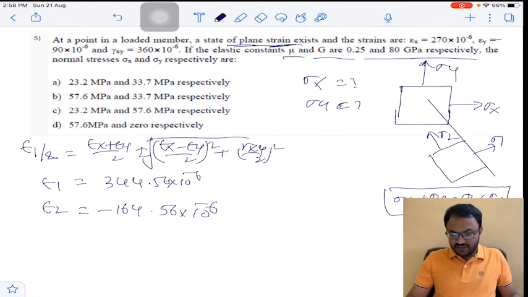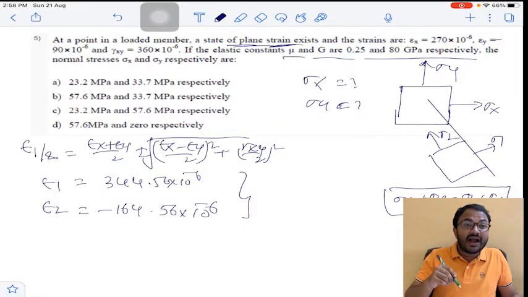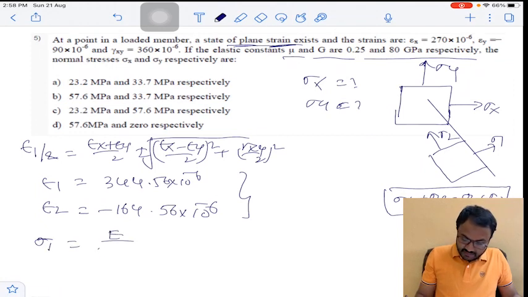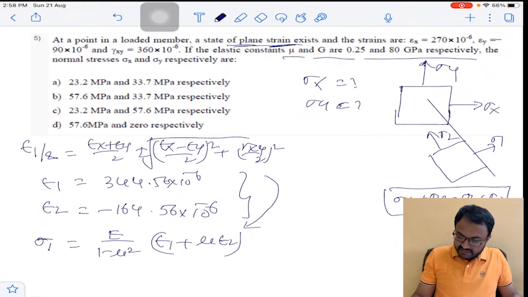Clear? So, by using these major and minor principal strains, we will get major and minor principal stresses. That is, sigma 1, the major principal stress, we have a formula E by (1 minus mu square) into (E1 plus mu E2). If you substitute the required values, you will get sigma 1 is equal to 64.73 and some other value.